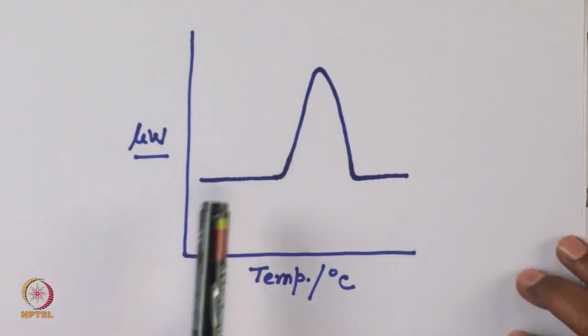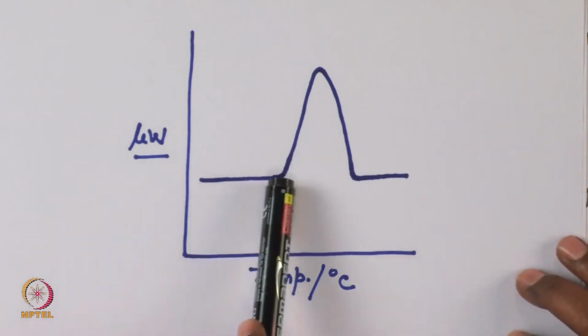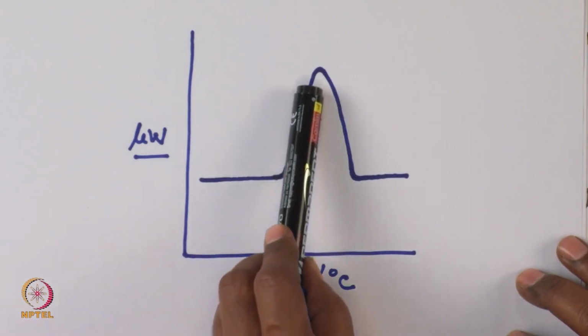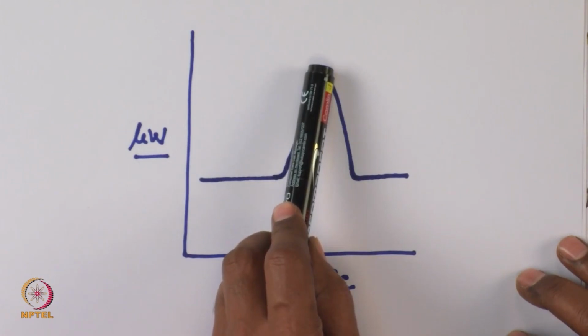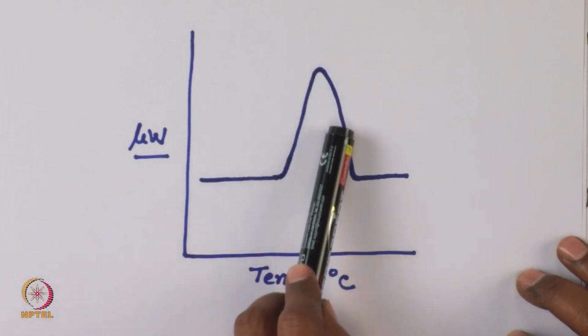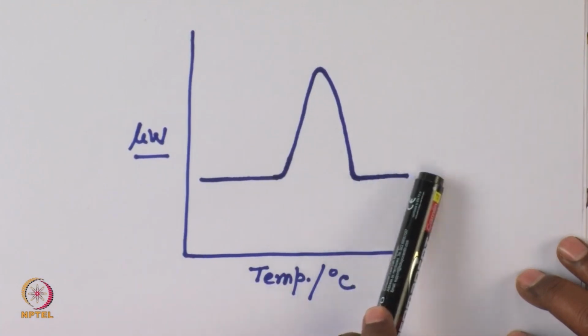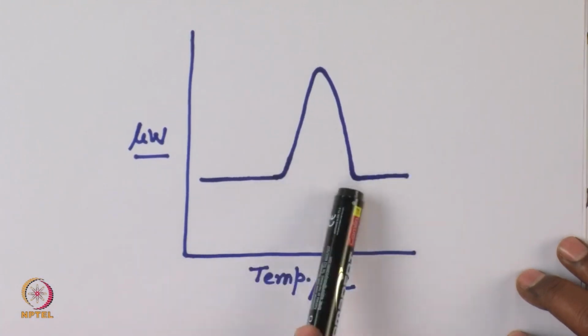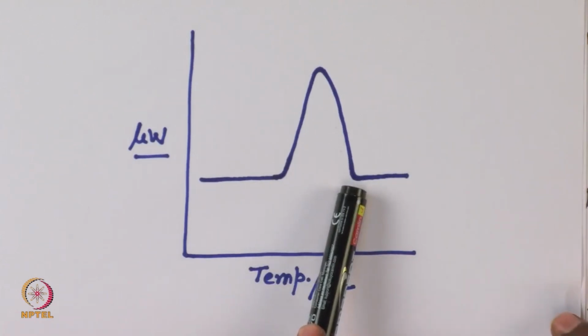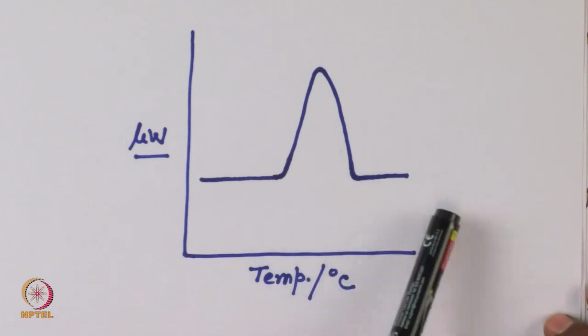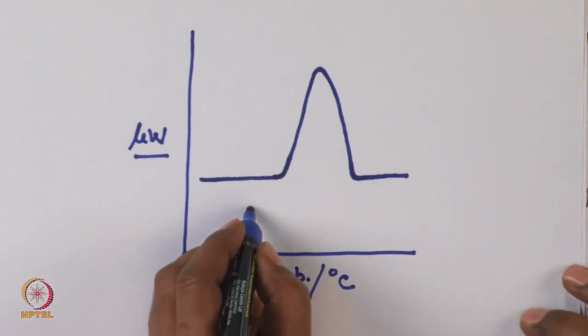So, what is shown over here is that this additional power is given to the sample cell until the transition is complete, and then slowly that power goes back to the same power which is being given to the sample and reference cell. There is no difference in the power given to the sample and reference cell at the end, but this is an ideal case.